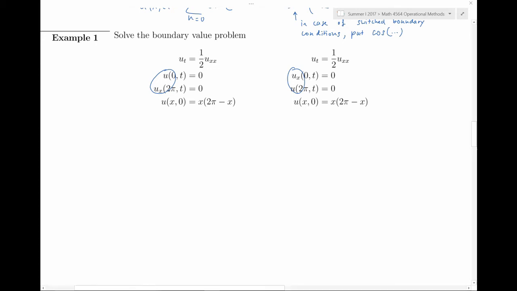So in the case of the first problem, I would have to write u of x, t as a summation as n goes from 0 to infinity of Cn, and I would have to use the sine series.